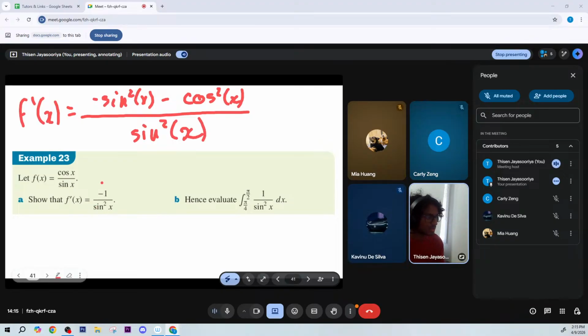And here, we need to show that this part equals 1, because some of you haven't covered trig, you won't know this identity of sine squared x plus cos squared x equals 1, yeah?